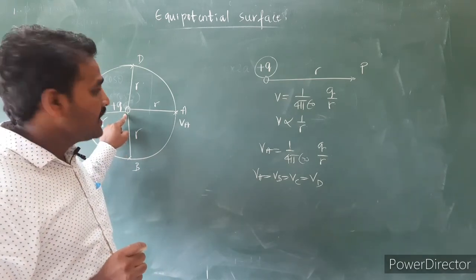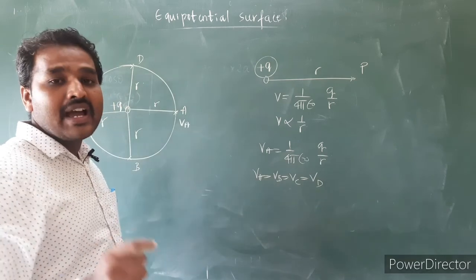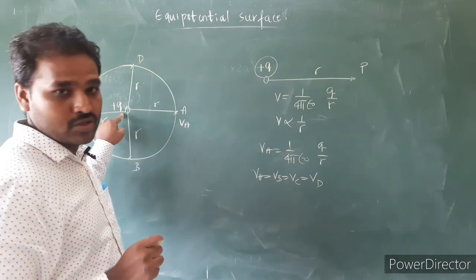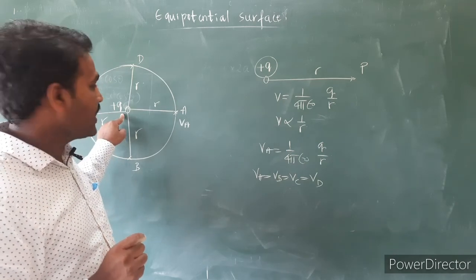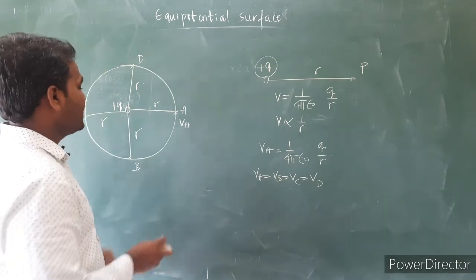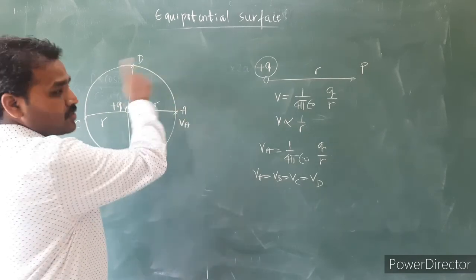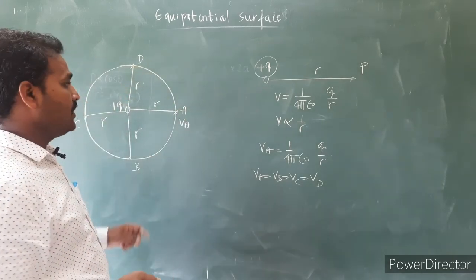What is the condition? All those points must be at the same distance from the source charge, and the magnitude of the source charge should remain the same. In such conditions, the electrostatic potential is constant.